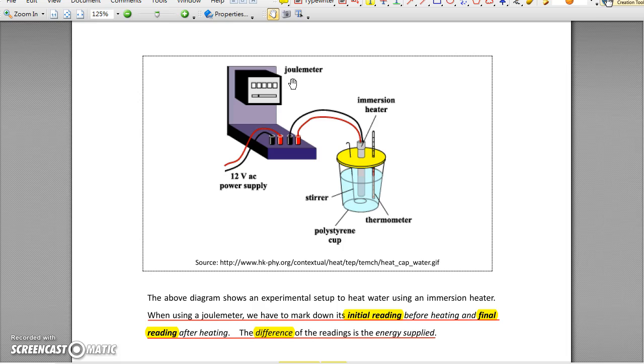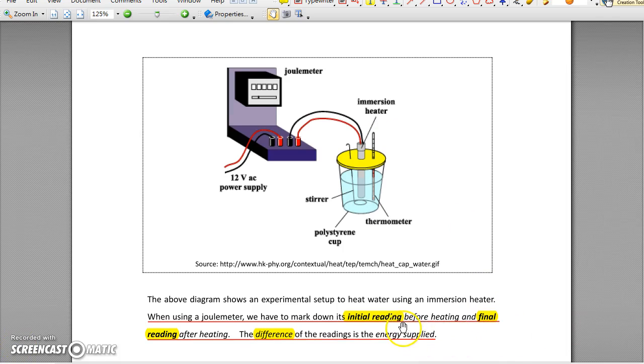However, the joule meter reading does not go back to 0 itself. You have to mark down the initial reading before you turn on the heater. And when you turn off the heater, you may then mark down the final reading. And the difference of the two readings tells you how much energy is transferred by the heater.